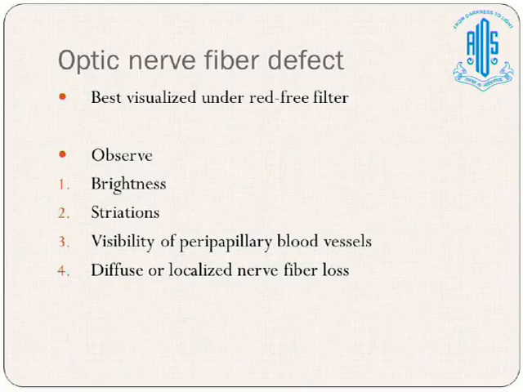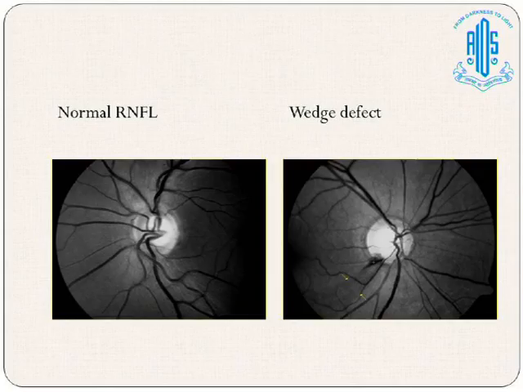Now the third point in the evaluation is the optic nerve fiber defect. It is best visualized under a red free filter. What you need to remember is you need to see the brightness, the striations, the visibility of the peripapillary blood vessels, and whether it's a segmental nerve fiber loss or a diffuse loss.